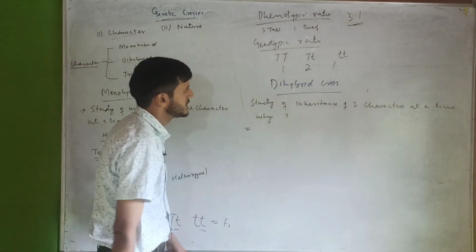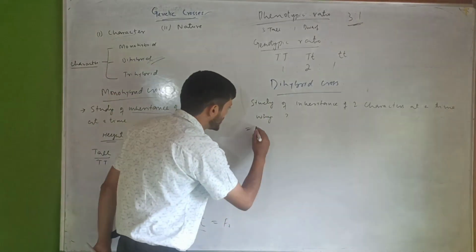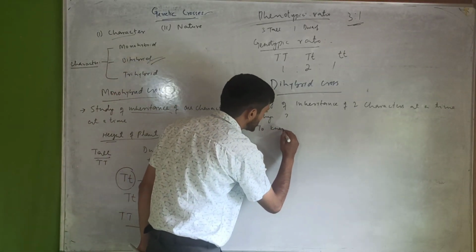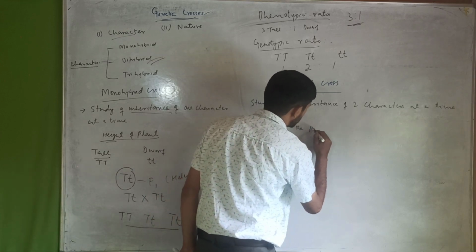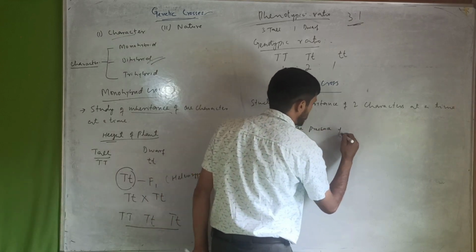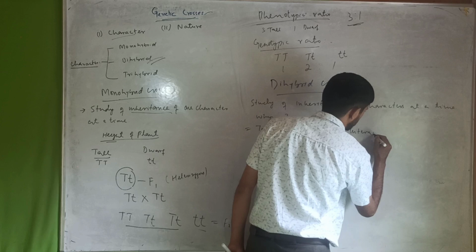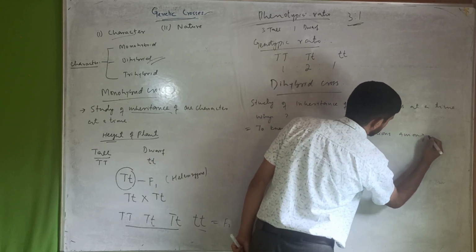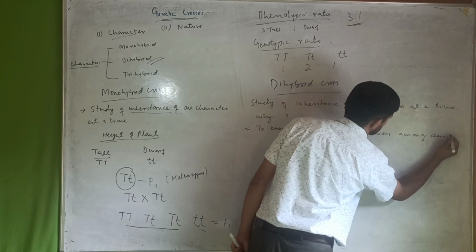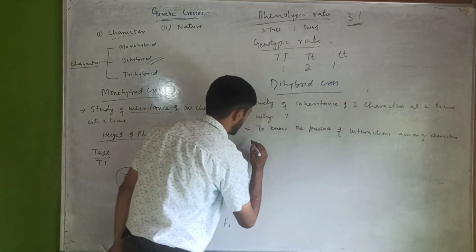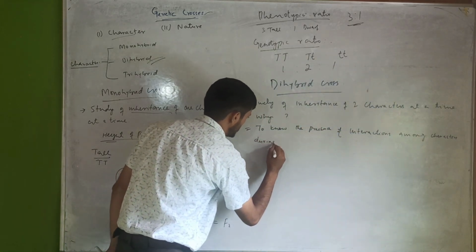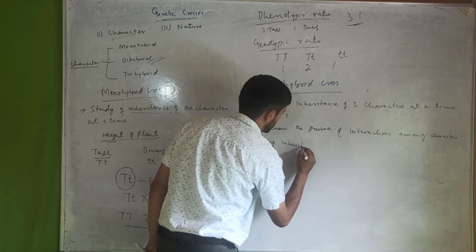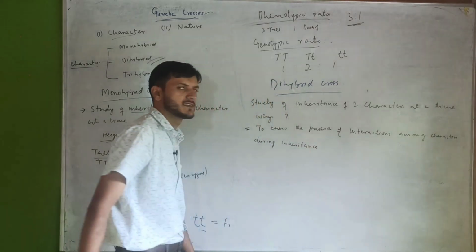So, why did Mendel perform the dihybrid cross? To know the presence of interactions among characters during inheritance.